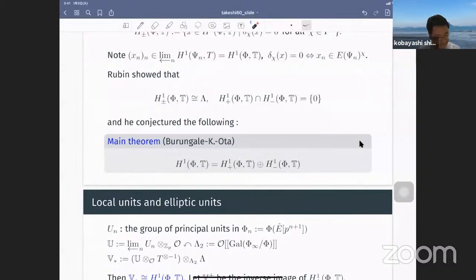And maybe you wonder why we expect such a strange decomposition. My feeling is that it may be a kind of local version of the equivariant BSD or parity conjecture. We saw the modular behavior in connection with the global root number before, and the global root number changes depending on the parity of the exponent of the conductor. But precisely speaking, the local root number at p changes depending on the parity.